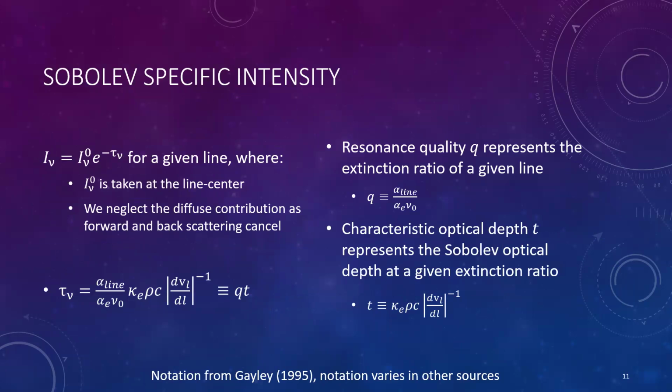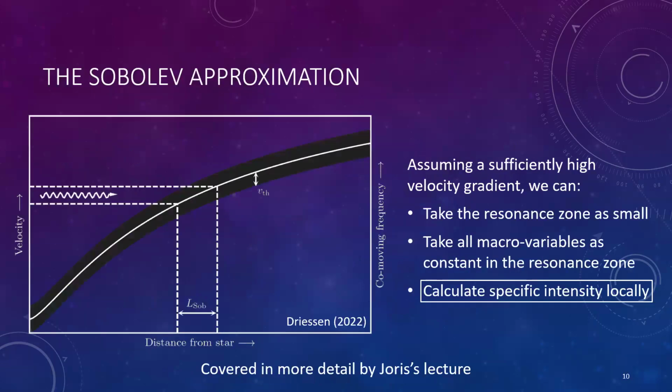However, Sobolev theory, as you also told us, is only valid under very specific conditions, particularly in those regions where the curvature of the velocity field is not very large. This curvature effect is strong when we have a curved velocity field, which happens typically in the sonic region of a stellar wind.